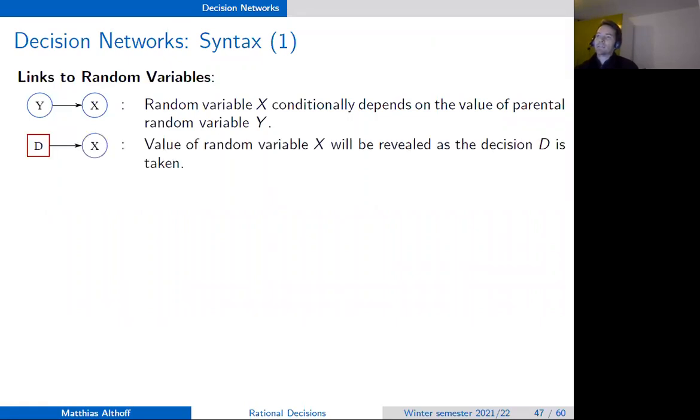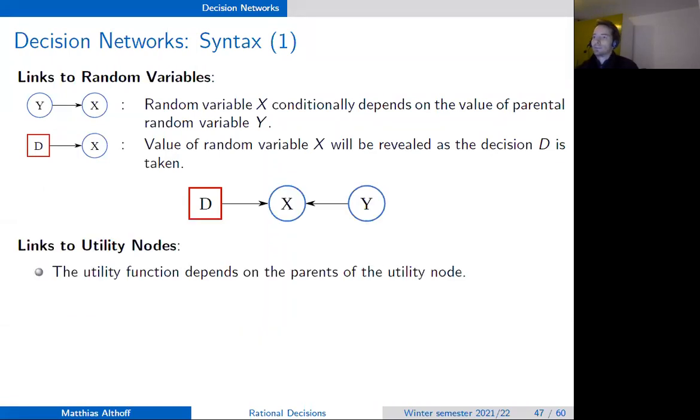The meaning is that after we make the decision D, we reveal the value of x, and the value of x, of course, will depend on the decision that we've made. And of course, the random variable x can also depend on the decision and on another random variable at the same time.